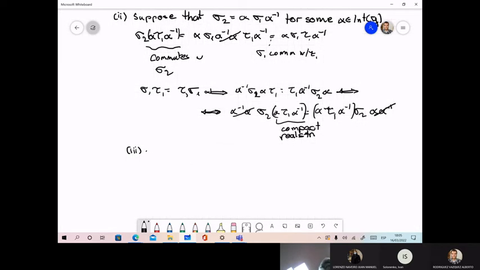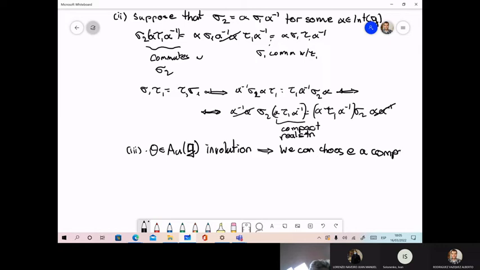So if this is an automorphism, an involution, we know that we can choose a compact real structure tau such that theta tau equals tau theta, and thus theta tau is an involution.